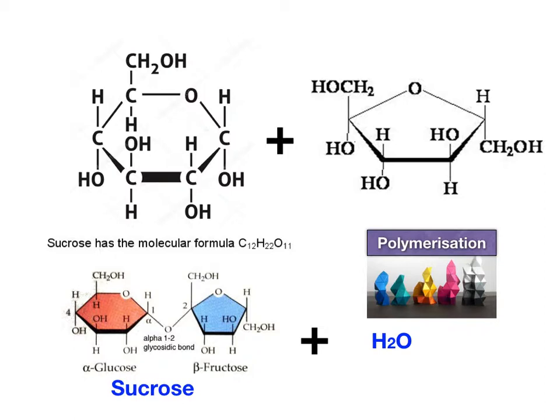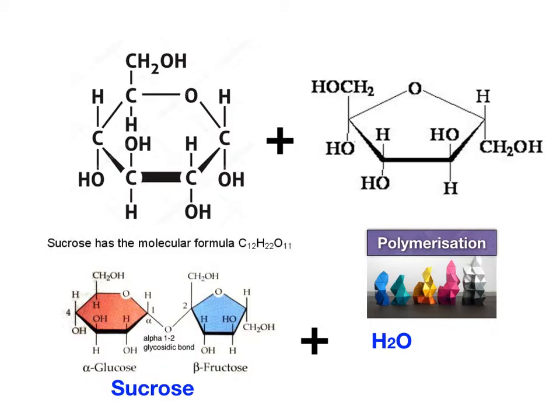So the first step is the union of 2 monosaccharides, and the commonest of that is sucrose, which is formed by alpha D-glucose and beta D-fructose. When you have these 2 molecules combined to each other, you lose 1 molecule of water.